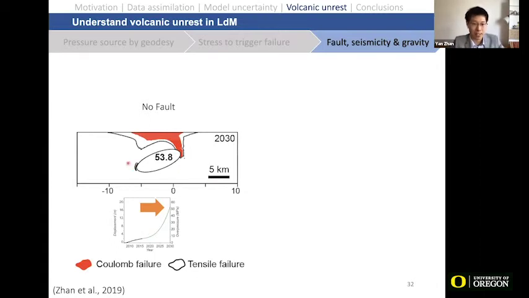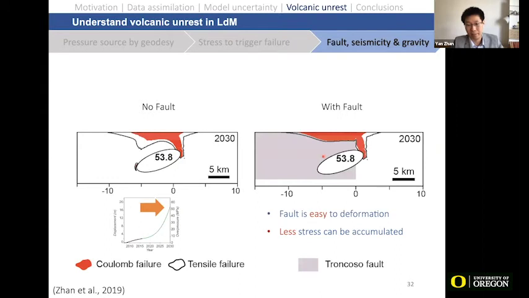Here is the result of unreasonably high overpressure without fault. And when we add a fault, oh bummer, there's even less failure created. It's easy to understand: the fault is a weak zone, so it's easy to deform. So under the same surface deformation, it creates less stress, so it has less failure.